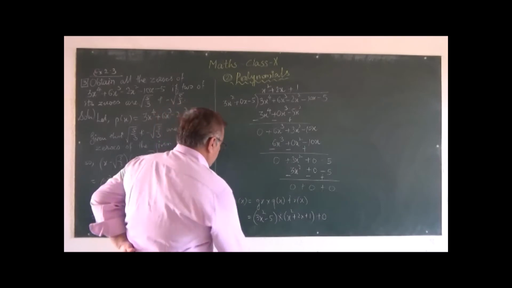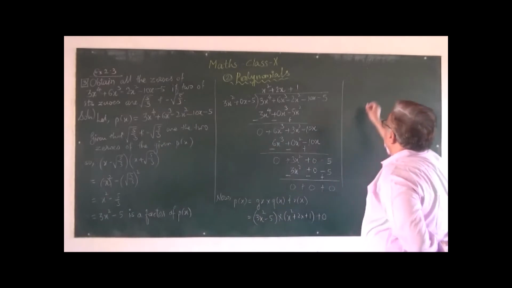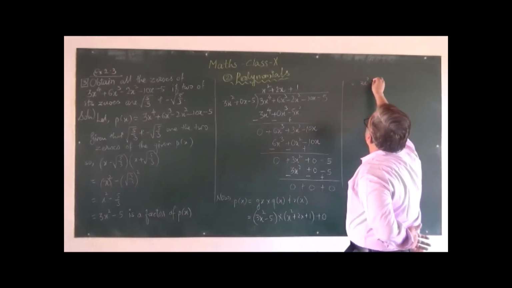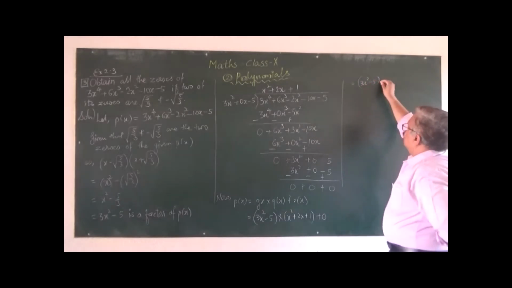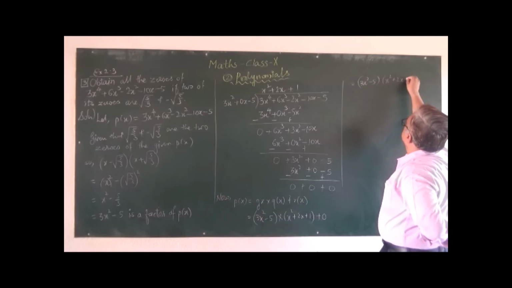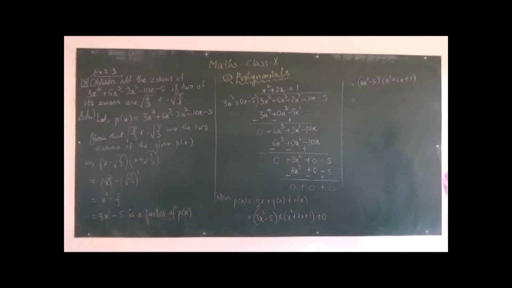Okay, so let us see here. It is equal to 3x square minus 5 into x square plus 2x plus 1. You know x square plus 2x plus 1 is the expansion of x plus 1 whole square.